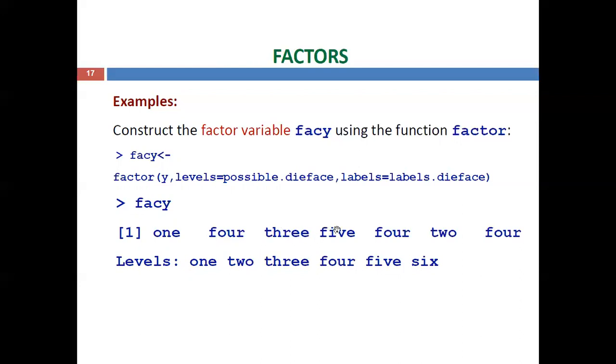Next value is 5, labeled with FIVE. Next value is 4, labeled with FOUR. Next value is 2, labeled with TWO. Next value is 4, labeled with FOUR. So whatever order the data is stored in the vector y, in the same order all the digits are labeled with labels.dieface. Then next one, levels. The next line displays the levels.